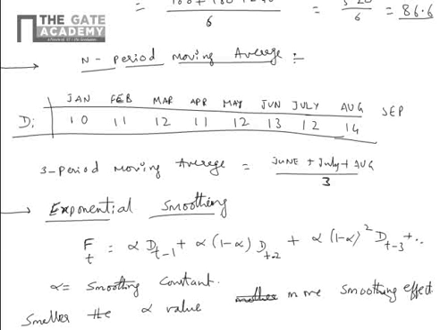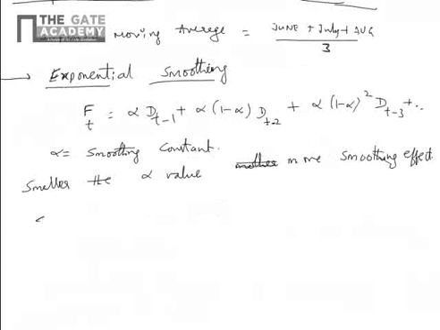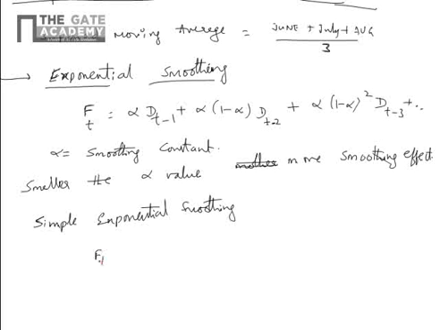Now consider simple exponential smoothing, where we remove the higher terms of alpha. We won't consider alpha squared and all higher degrees; only one degree of alpha is considered. That's why it is called simple exponential smoothing. The forecast of the present month, or forecast of next month, equals the forecast of the past month plus alpha into the demand minus the forecast of the last month.